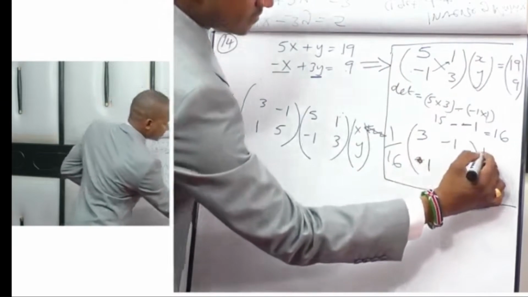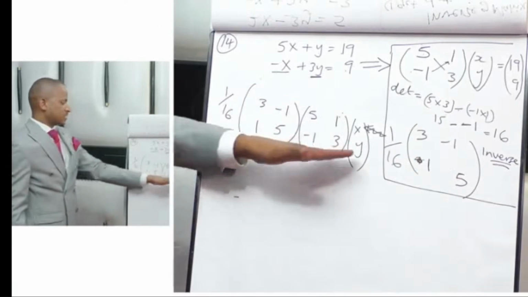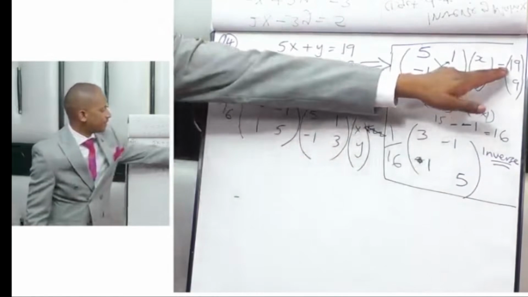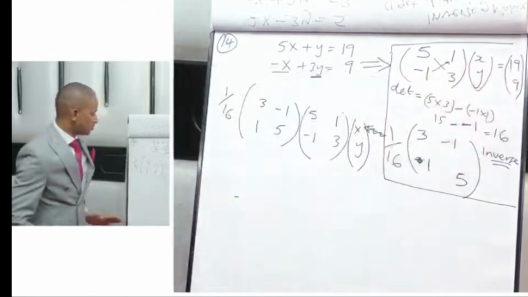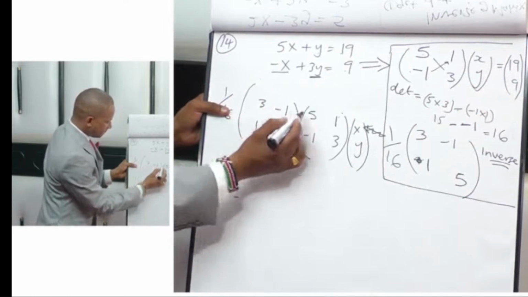This is the inverse. Very good. So let us solve this side. Then we also pre-multiply the inverse by this. So this side, let's pre-multiply.